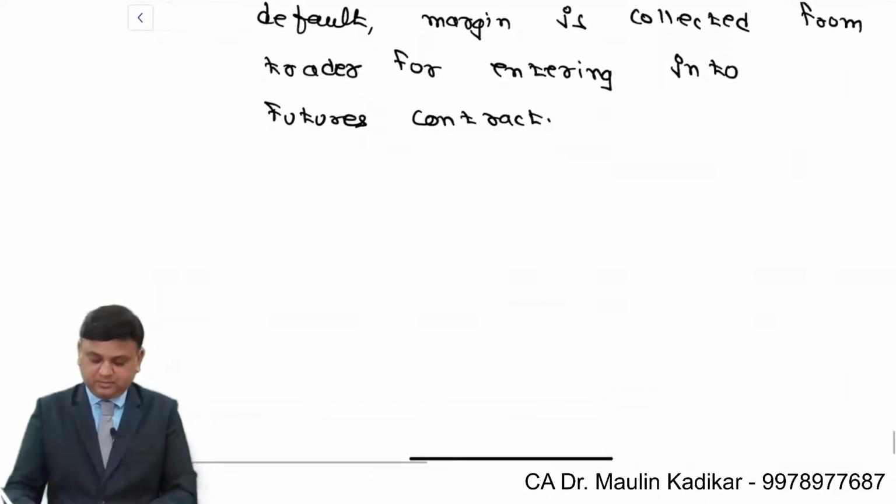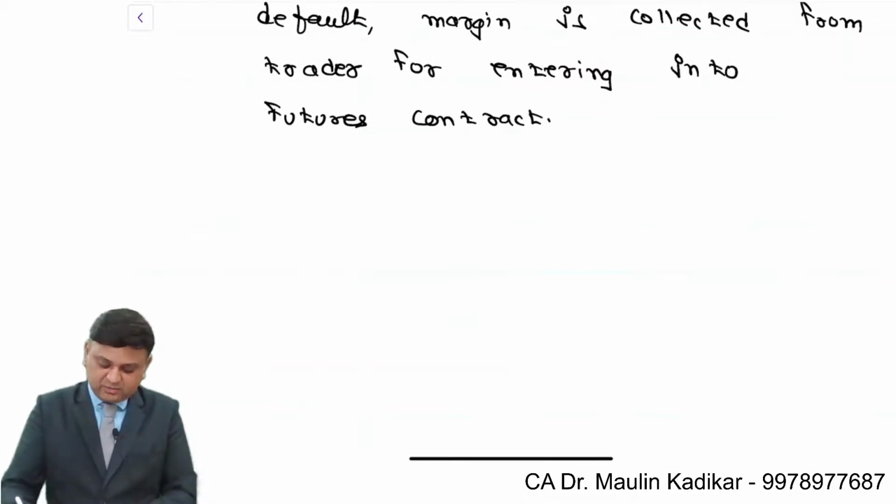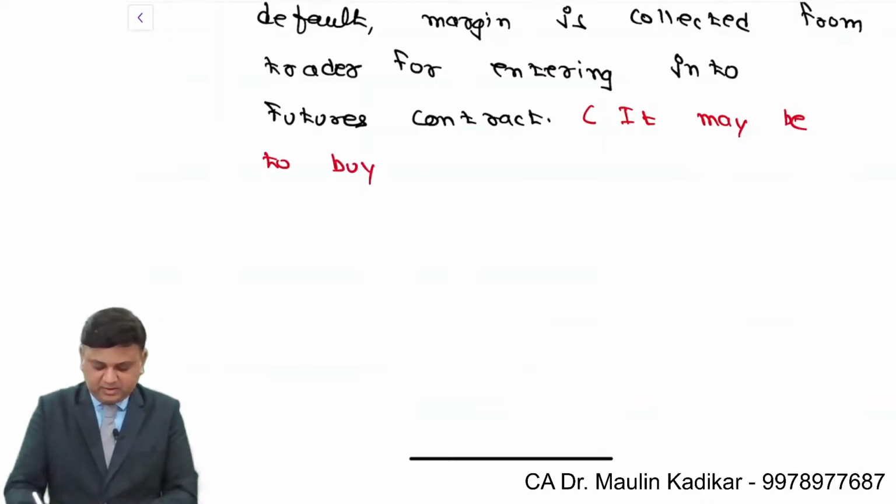Full stop. In bracket write down, it may be to buy or sell underlying asset.